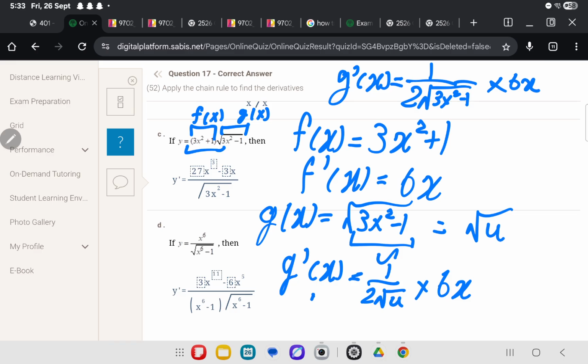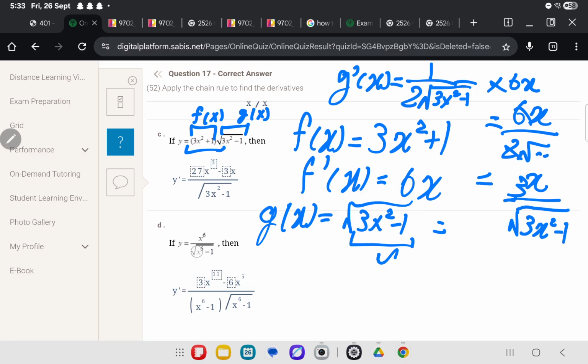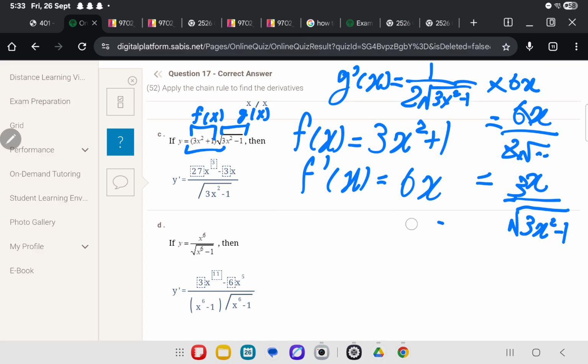So it's going to be 6x over 2 radical 3x squared minus 1. The 6 over 2 is going to give me 3, so this and this will cancel, giving me 3x over radical 3x squared minus 1. So this is g prime of x. So I'm going to erase all of this.